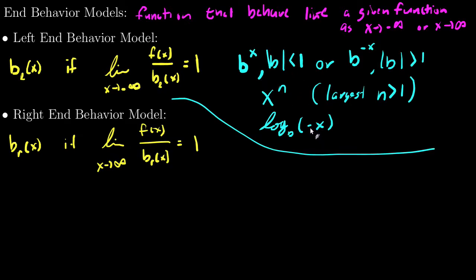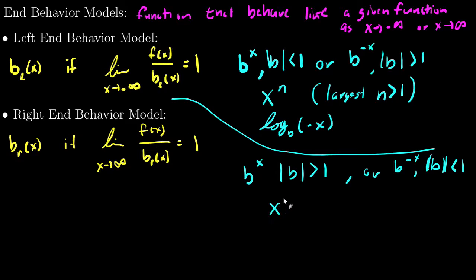It's very similar for right end behavior, except I need to have exponentials where b is bigger than 1, or I can have a b to the negative x where the magnitude of b is less than 1.